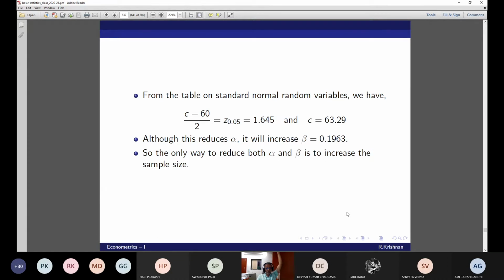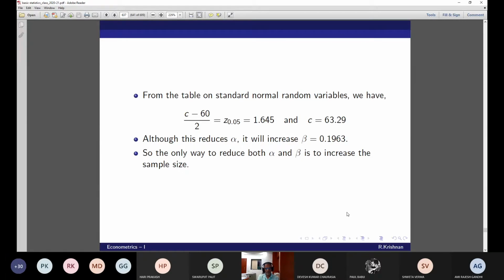So for 0.05 and 0.01, you mug it up or get used to the one tail critical value and the two tail critical values. In the examination, I will send it along with the question.